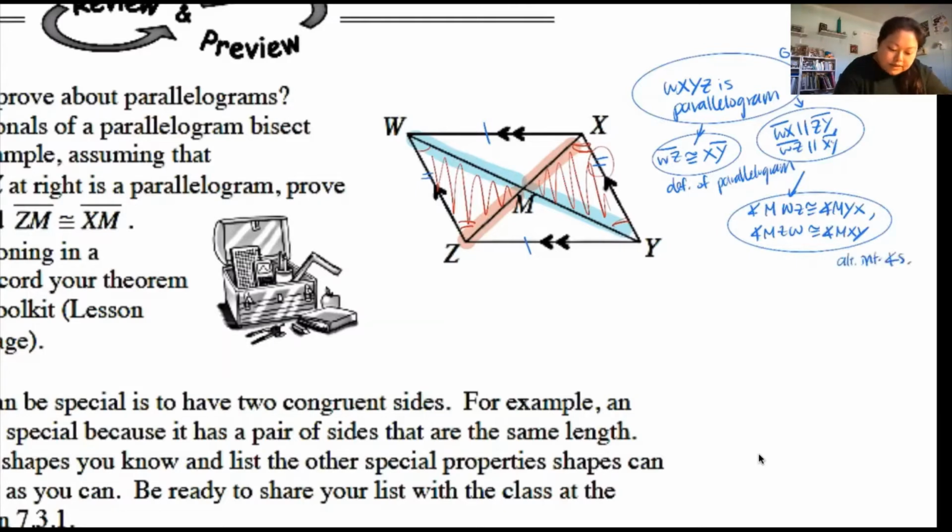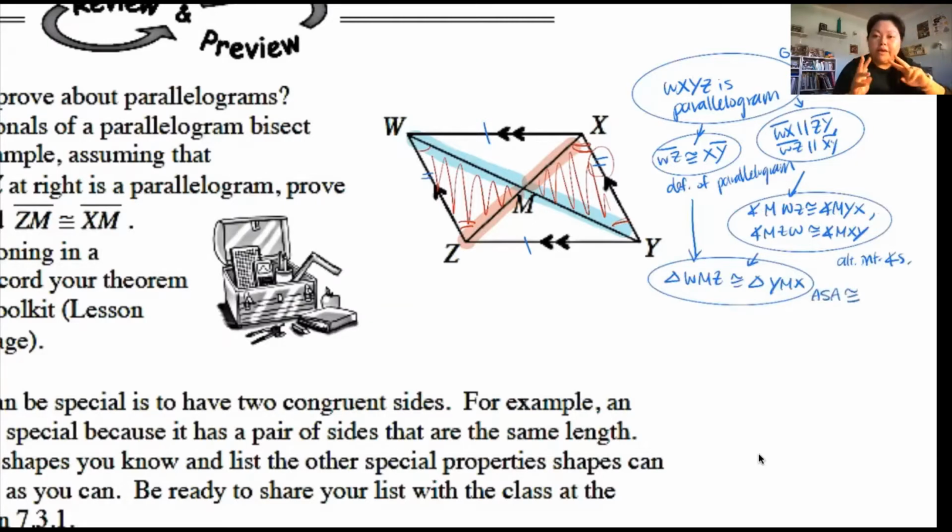And so because of that parallel line, congruent side and the two angles, I can now prove that triangle WMZ is congruent to triangle YMX. Oops, sorry about that. Okay, is congruent to that triangle. And the reason is because of angle, side, angle congruence, because we proved two angles and a side that is touching both angles.